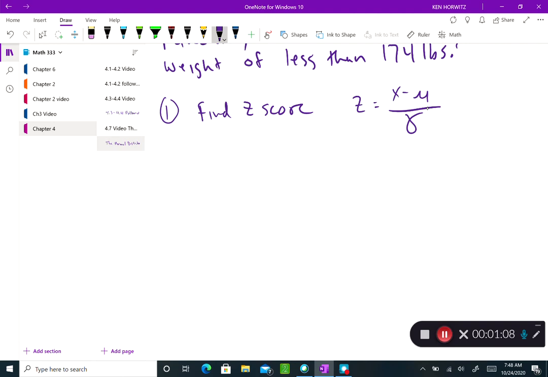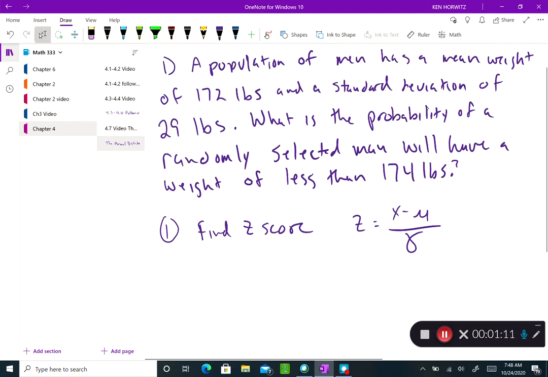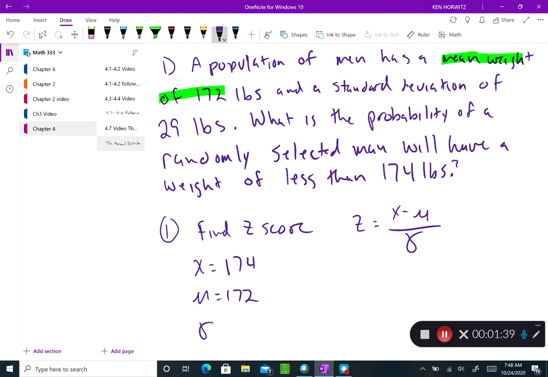From our problem, x is the weight we're looking at, which is 174. Our mu is stated in the problem, mean weight of 172 pounds. And our standard deviation, again said right in the problem, 29 pounds.